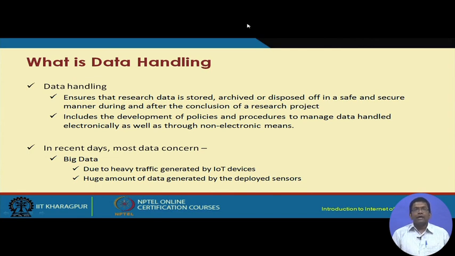Due to heavy traffic generated by these IoT devices, a huge amount of data is created by the different sensors and other IoT devices. It is big in size, and continuously big streams of data flow through the network.